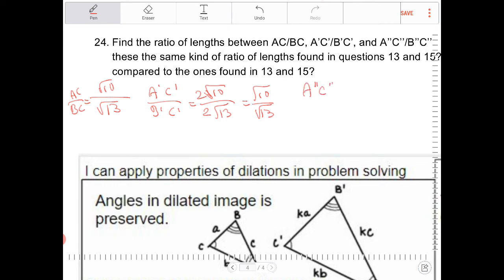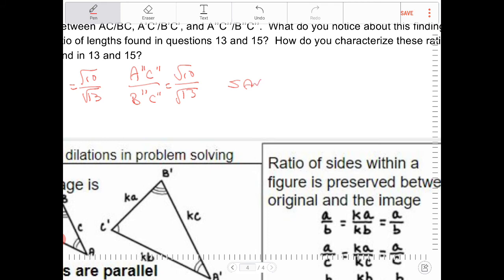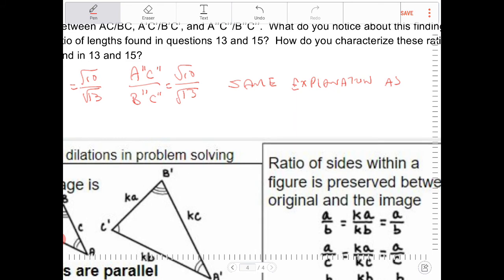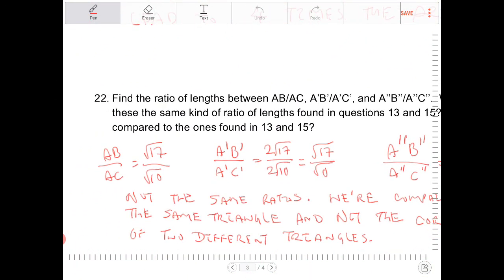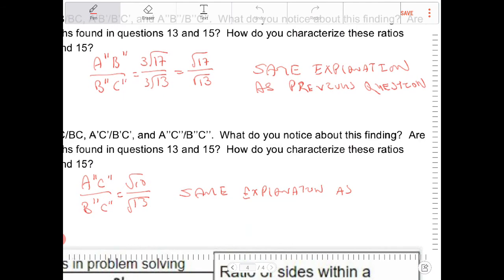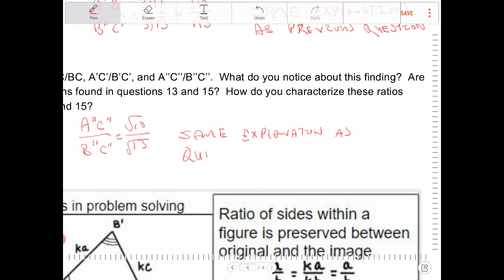And A double prime C double prime over B double prime C double prime is again square root of 10 over square root of 13. So same explanation as question 22.